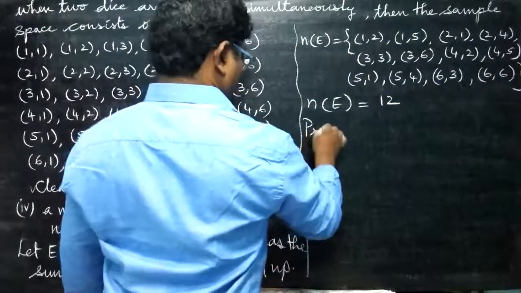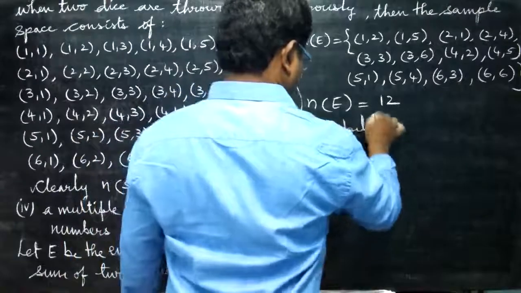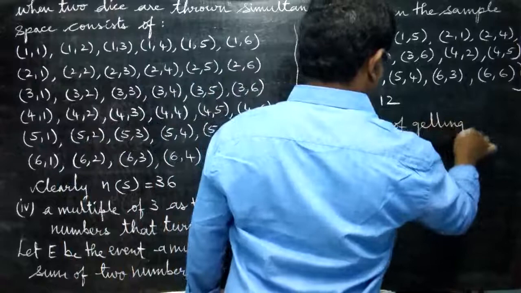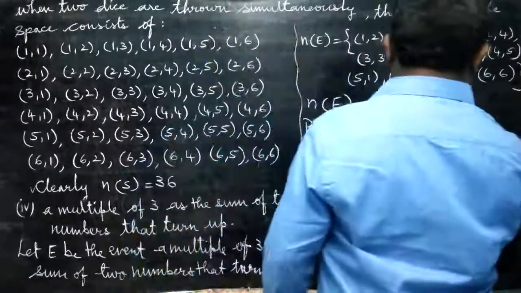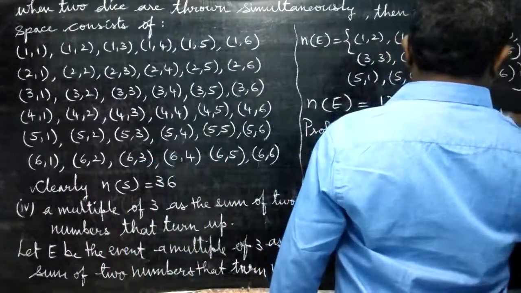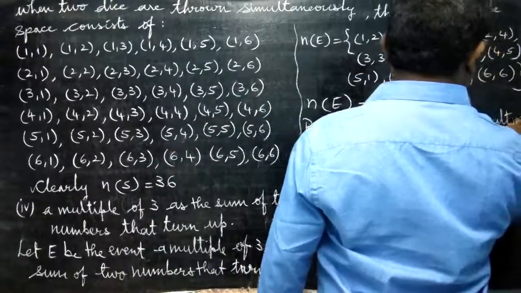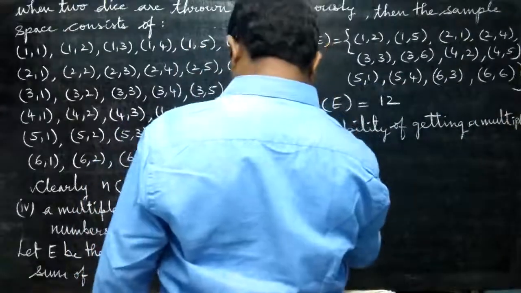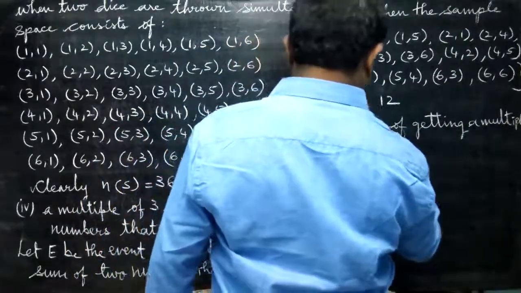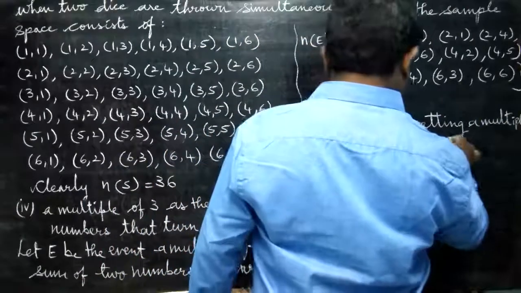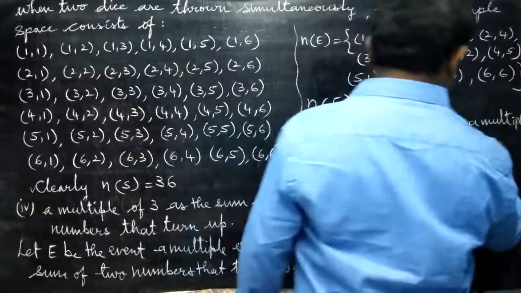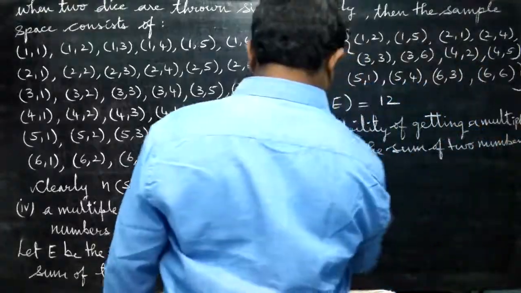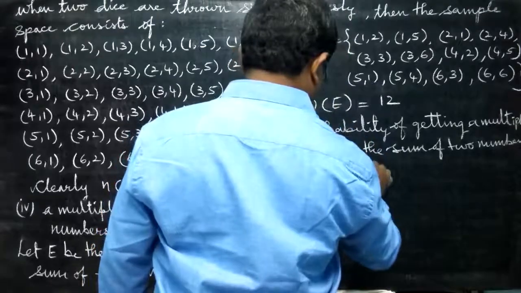Now the probability of getting a multiple of 3 as the sum of two numbers that turn up.